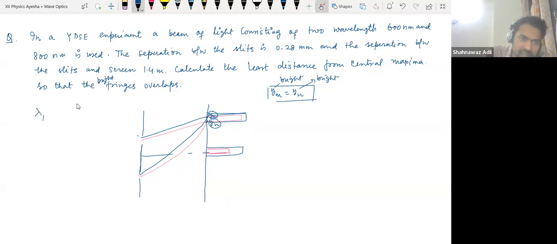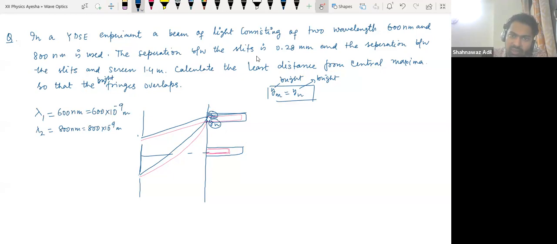So what is given in the question. Lambda 1 is given, which is 600 nanometers, which is 600 into 10 to the power minus 9 meters. Lambda 2 is also given, which is 800 nanometers, which is 800 into 10 to the power minus 9 meters.